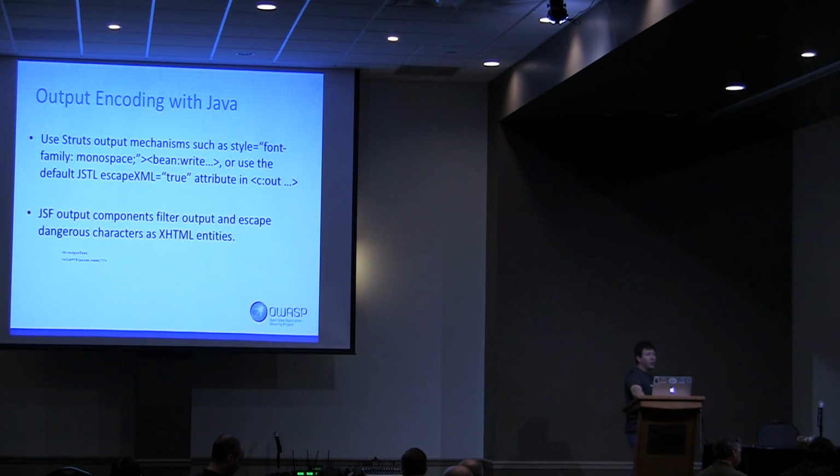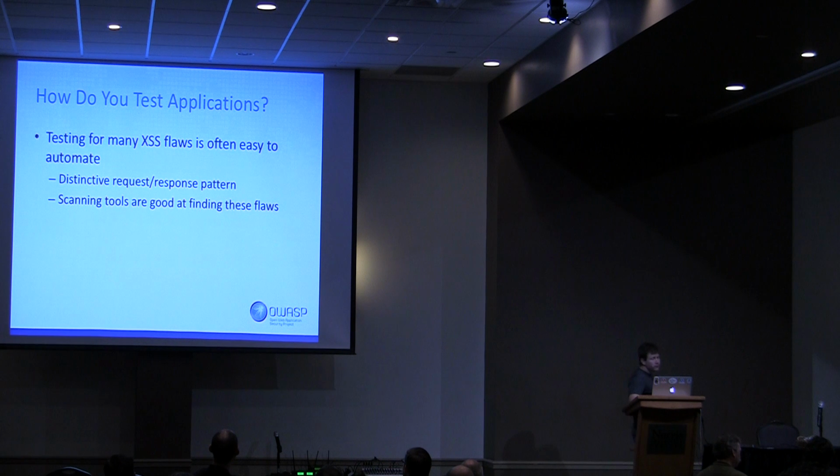So output encoding, most platforms give you the ability to have functions to do this, and you want to make sure to do that to any user-supplied data before it gets sent out on that HTML stream coming down to the user's browser. Cross-site scripting, like the injection flaws, and because cross-site scripting at the end of the day is an injection flaw, is often pretty easy to find in a lot of cases using automation.